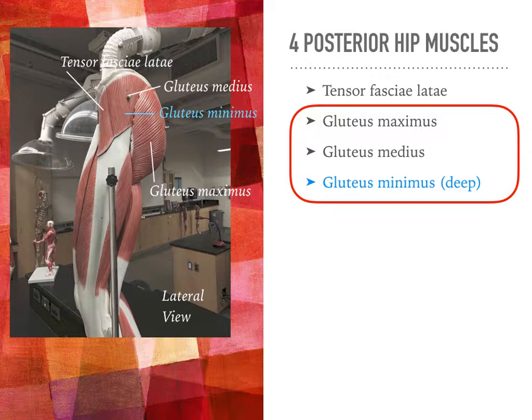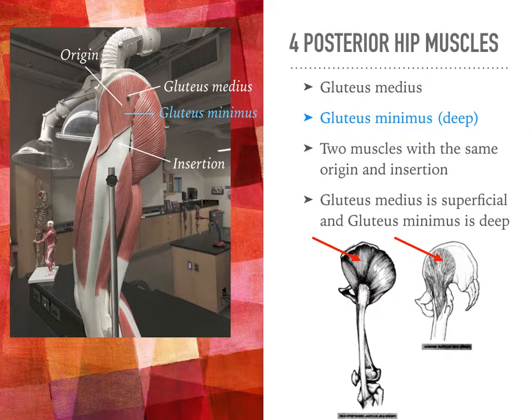It's easiest really to start with the gluteus medius and the gluteus minimus muscles, because they have the same origin and the same insertion. And you can probably see that from the picture. You can see the iliac crest in the picture, and right below that is the gluteal surface. Both muscles anchor on the gluteal surface, and both muscles insert on the greater trochanter of the femur.